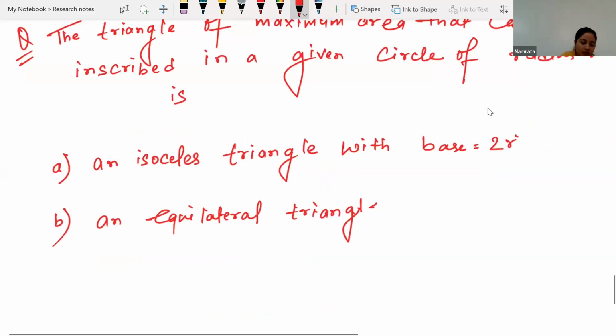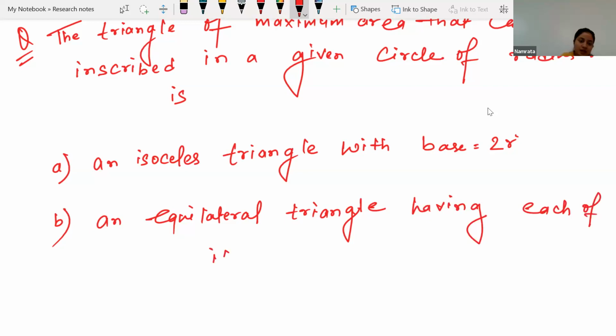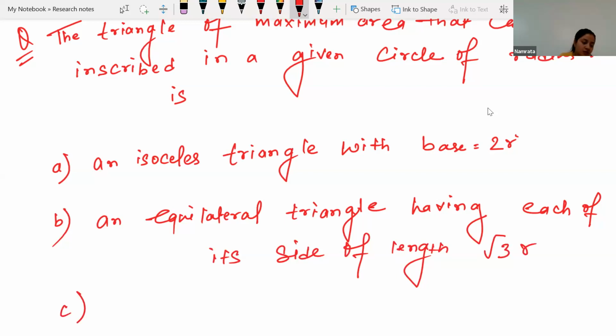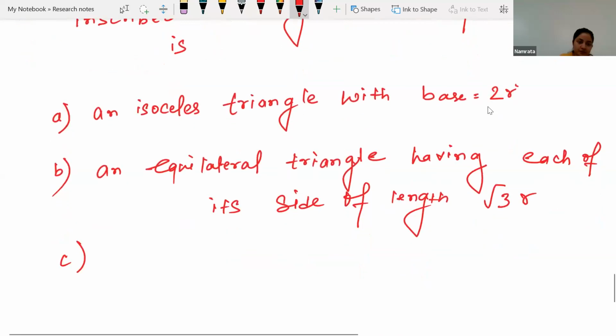having each of its sides of length root 3 r.